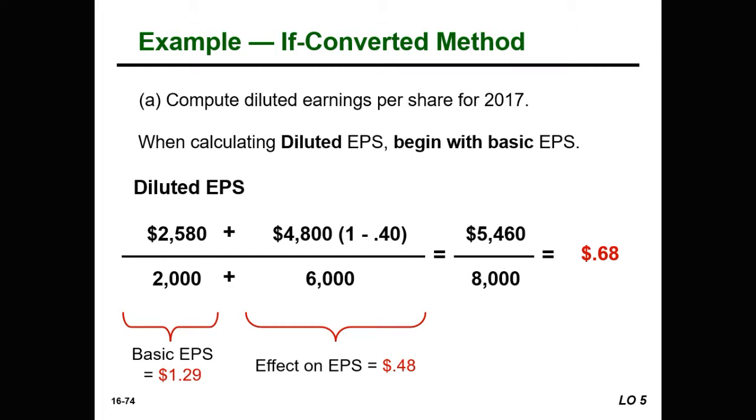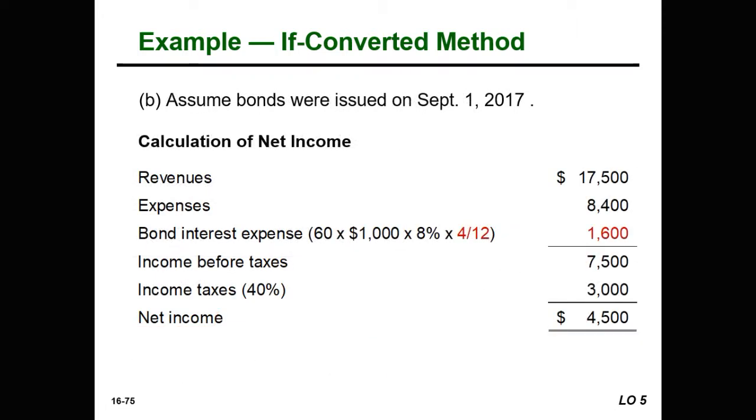Now, this is for a bond issue that was already in place for the entire year. Now, if we assume that those bonds were issued on September 1st, 2017, rather than September 1st, 2016, the calculation for net income is going to be slightly different because it won't be an entire year's worth of bond interest.